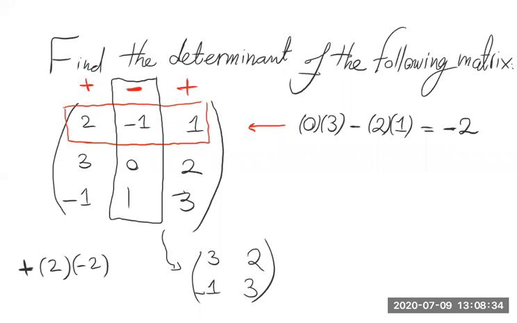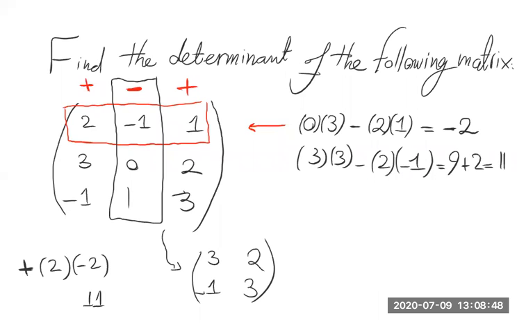The determinant of this matrix is 3 times 3 minus 2 times minus 1, which is 9 minus minus 2, plus 2, 11. Now I should multiply 11 by the number in the intersection of this row and this column. That number is minus 1, but there is a minus above it. We should write that minus here too.